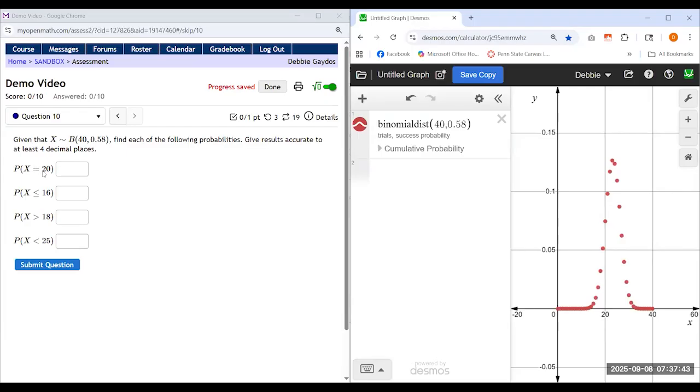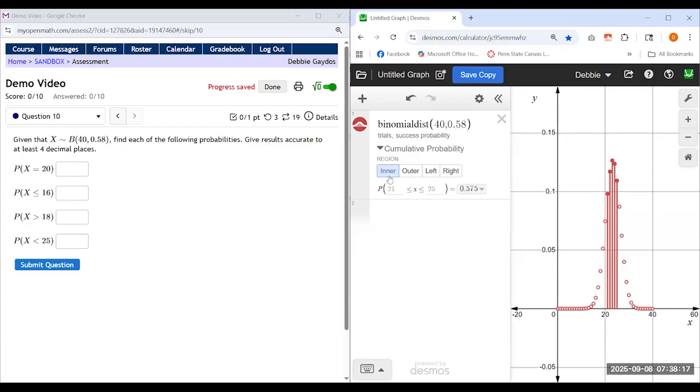The first probability I want is the probability that x is equal to 20. So when I drop down this cumulative probability, it puts some default numbers in here, and it shows me over here on my graph what area in my probability distribution it's giving me a probability of.